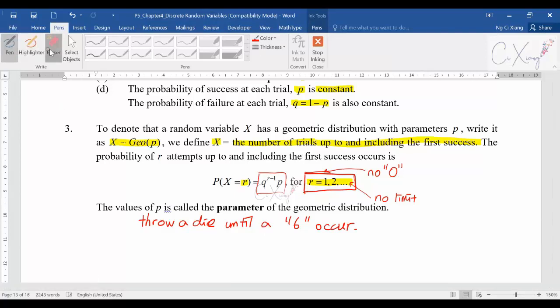Okay, wait now. So when I throw a die, I want to get the number of throws until 6 occurs.